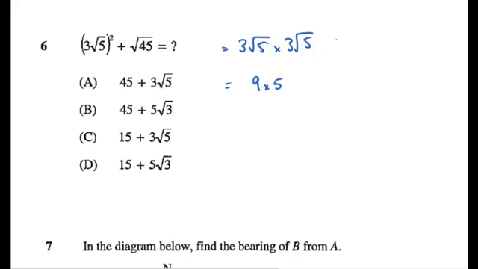Alright, then you've also got the second part here, and simplifying root 45 means that we get, remembering that you're looking for a square number that goes into 45, root 9 times root 5 gives you root 45. Square root of 9 is 3, so that part becomes 3 root 5. So we end up with 9 times 5 is 45, so 45 plus 3 root 5, which is A.